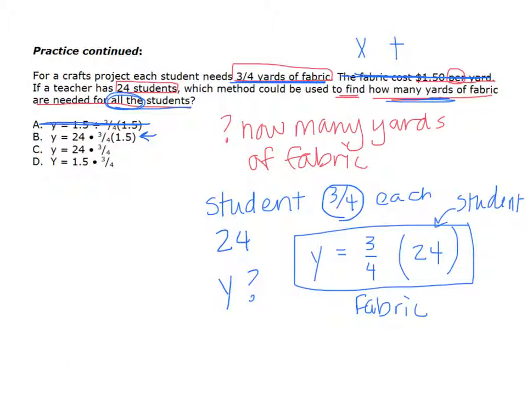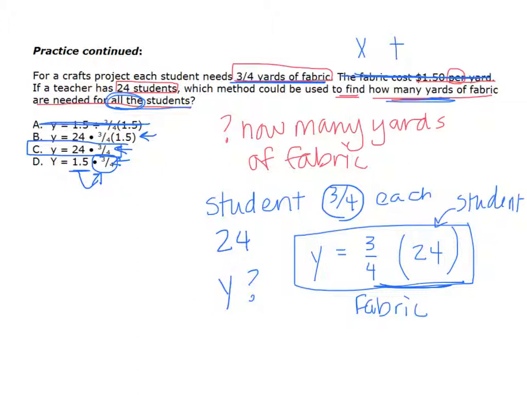That's a great one, but that's not what I need for this one. What I need is, do I need that one? That's multiplication. Well, but that's 24 students times 3/4. That kind of looks like what I have here. Let's check the next one. This one is the cost times the amount of yards. So that would tell me how much they're spending on one student. So my best answer choice is this one.